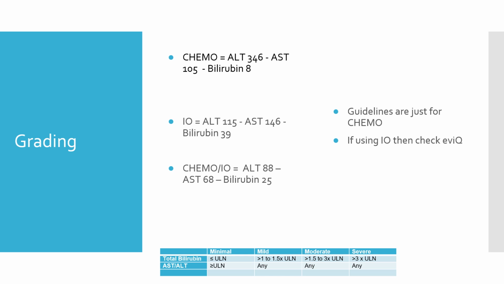When we look at our immunotherapy patient, it's a little bit different because you have to go into EVIQ and look at the grading of the management as per the guidelines.